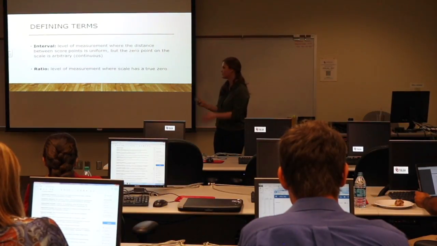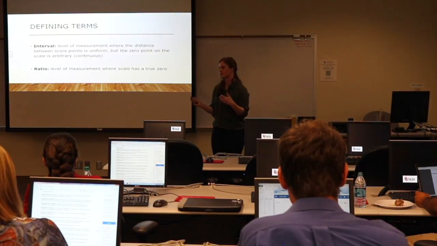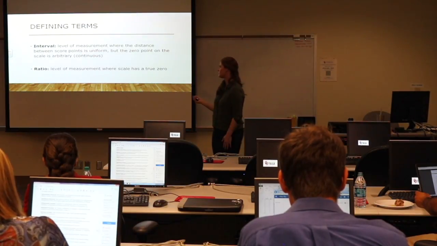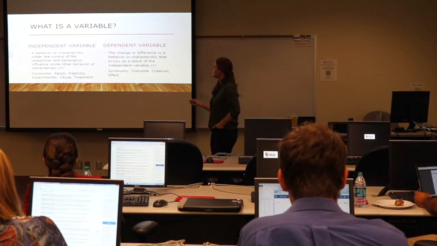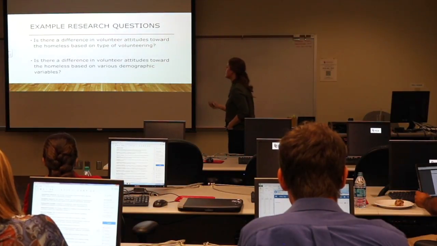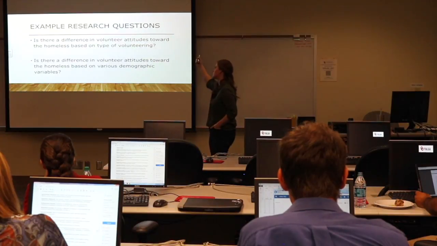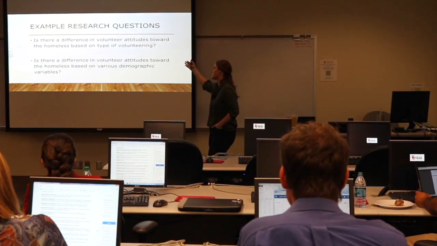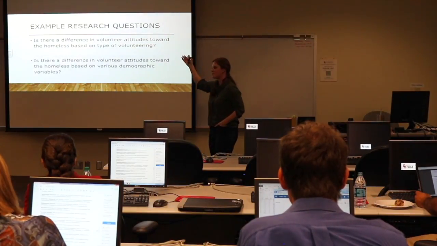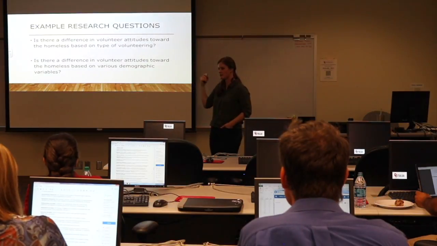Okay, so everyone feels good with the levels of measurement here. So in these example questions, we've identified the variables. Does anyone know what they think the level of measurement may be for these variables that we identified earlier?